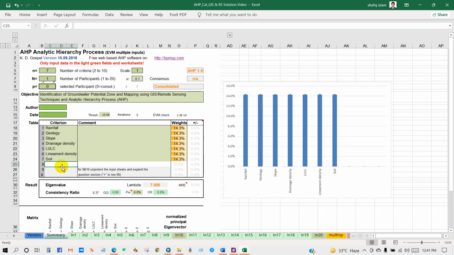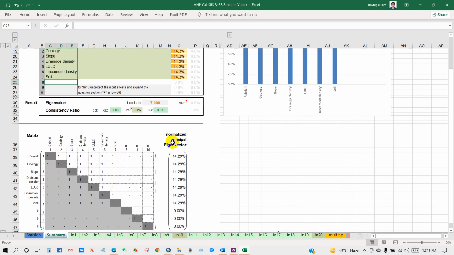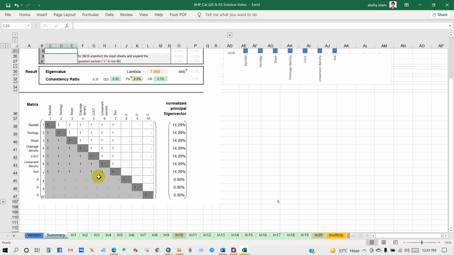I have a total of 7 criteria. This matrix will be automatically created.